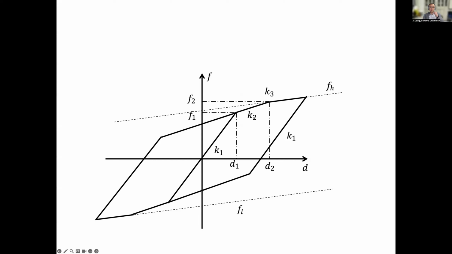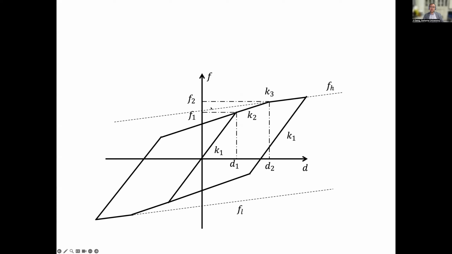So this one is the critical force point for this third gradient.